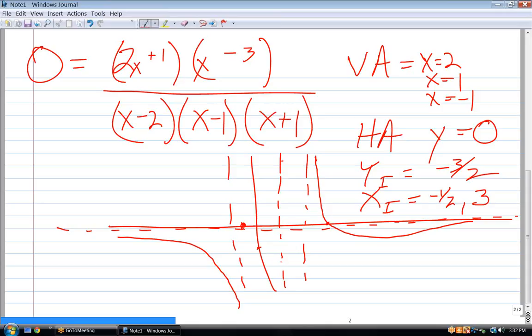Well, I know that it crosses here, and usually with these kind of functions, if you're going up to positive infinity, you come down from negative infinity. So you do something like that, and then we're going to do something like this, and it tells me I'm going to cross the x-axis there.